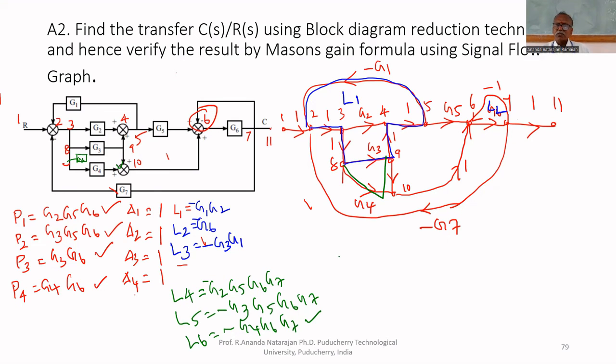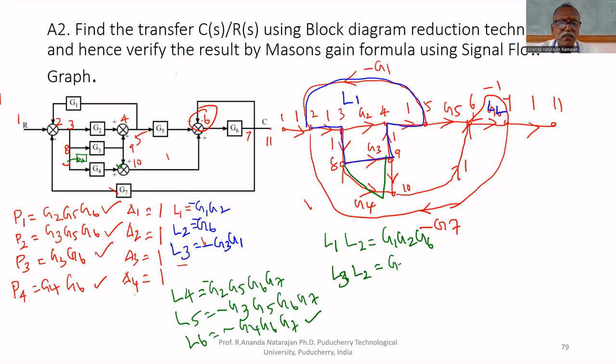What are the non-touching loops? L1, L2. That is non-touching, L1 and L2. That is G1, G2, G6. L1, that is G3, G1. L3, L2 is also non-touching.